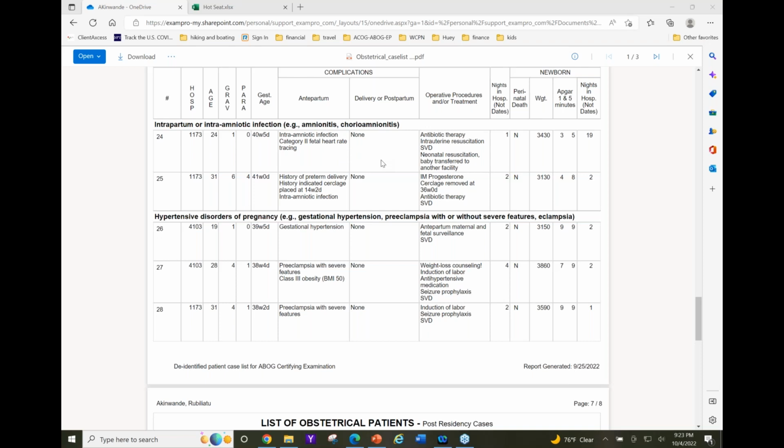And the things that I think about going into this: the heart rate, the breathing, muscle tone and movement, color or appearance of the baby, that's how I remember that, and reflexes. Those are the 5 things that I remember with the APGAR. You can get 0, 1, or 2.